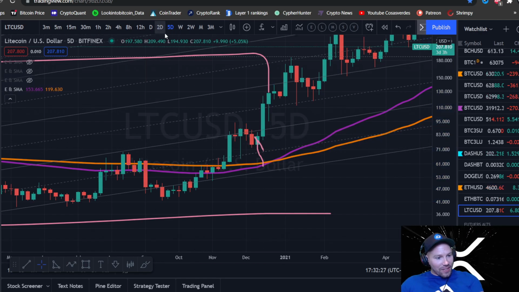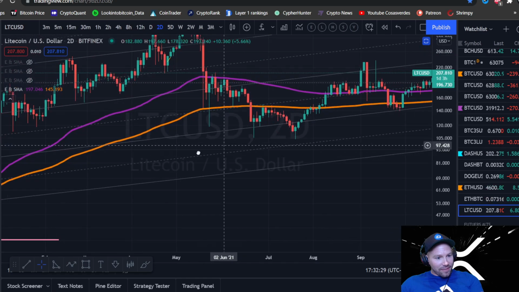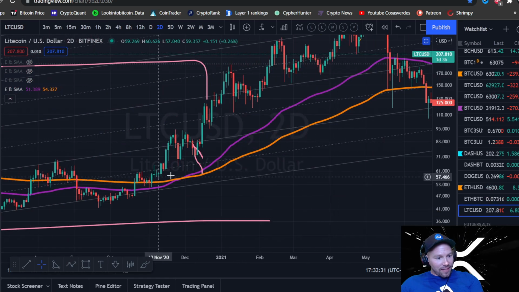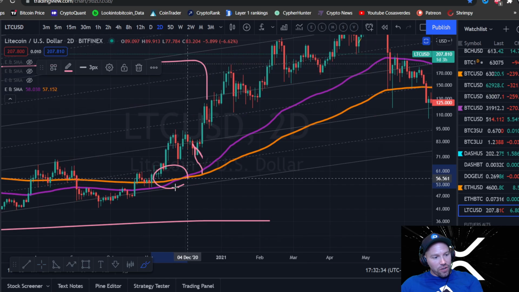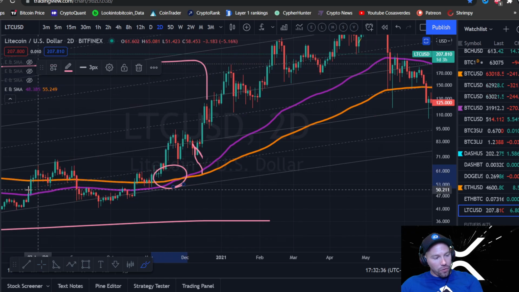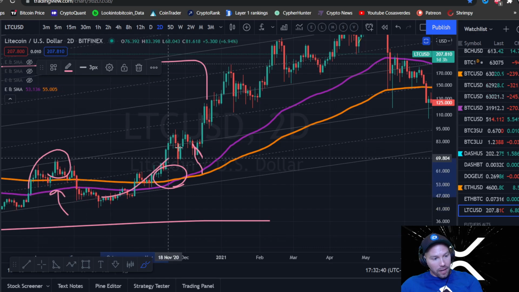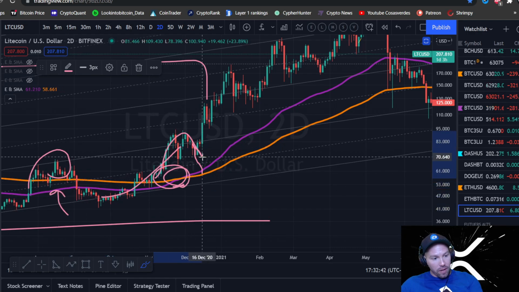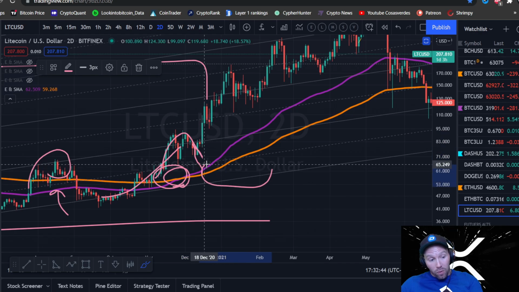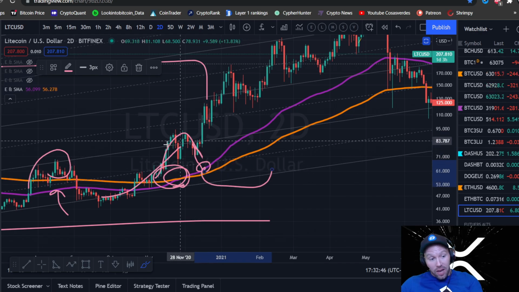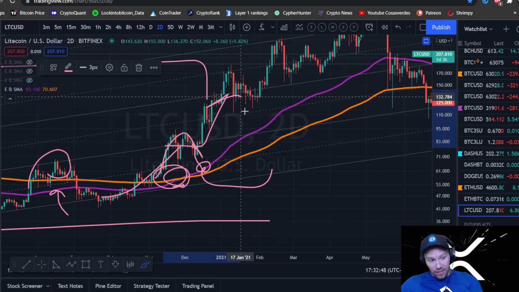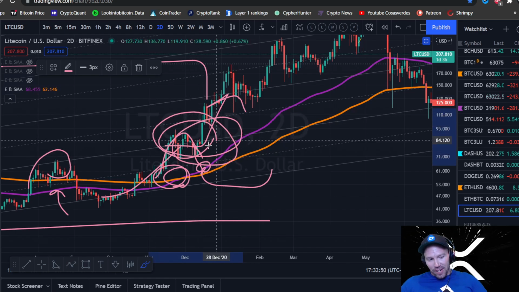Let's take a look at the 2-day. Yeah, the 2-day had already crossed. So this 2-day had already crossed. Therefore, this move was not sustainable because the 2-day, the purple, was below. Here, the 2-day had already crossed, and right at this moment is when the 5-day also crossed. Therefore, it's sustainable. Let's get it. Do you see how that happened? So this one is kind of tricky.